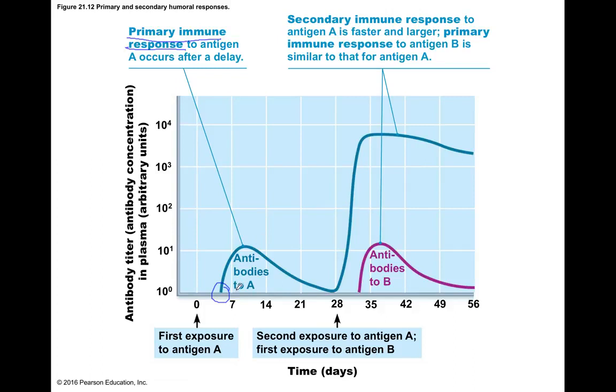So when you get your vaccination, you create this, right? But what you're doing is you're creating your memory cells. So sometime later in your life, if you get the exposure to the actual virus or bacteria, then what does your body do? In a matter of hours, it creates a significant response, and as a result, it doesn't really give the chance to the infective agent to root and cause damage in your body.